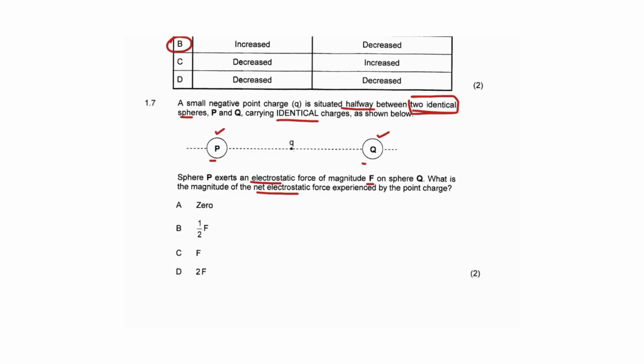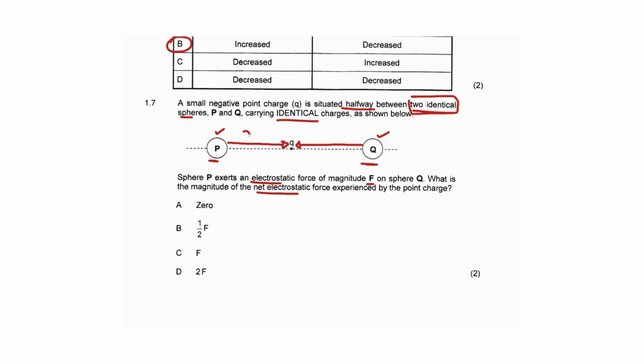So the point charge is halfway, and what we should know is that since these two spheres are identical, this one is going to exert a force of the same amount on Q. This one is also going to exert a force of the same amount on Q. The forces are just going to be in opposite direction.